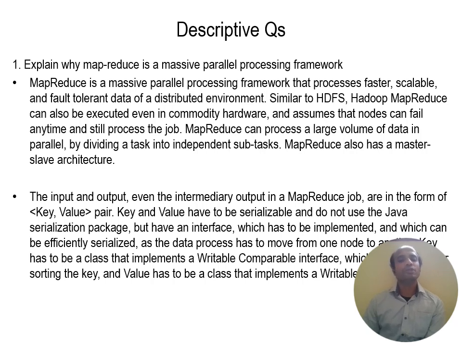So your answer should reason why MapReduce is a massive parallel processing framework with its faster, scalable, fault-tolerant features, and how exactly the input and intermediary output are in the form of key-value pairs.